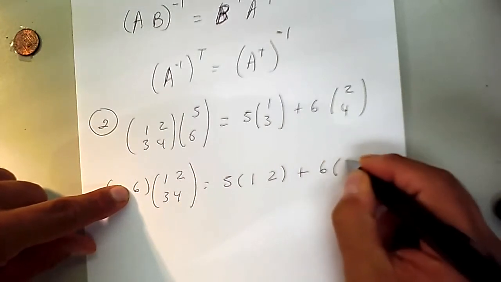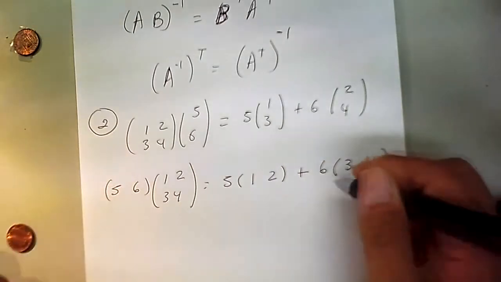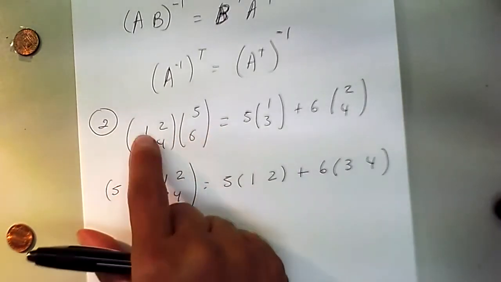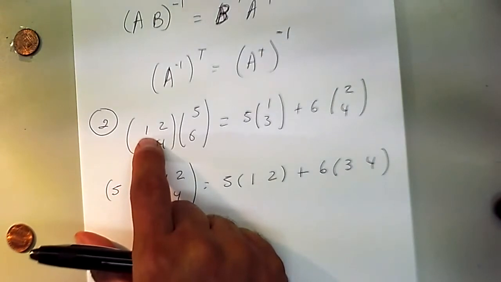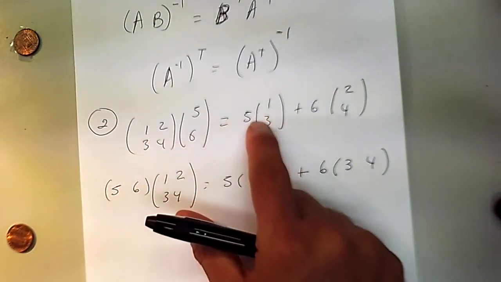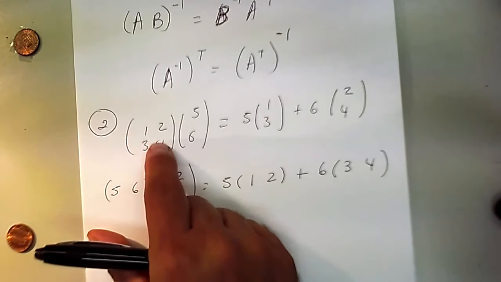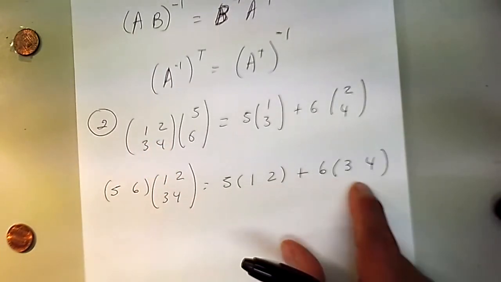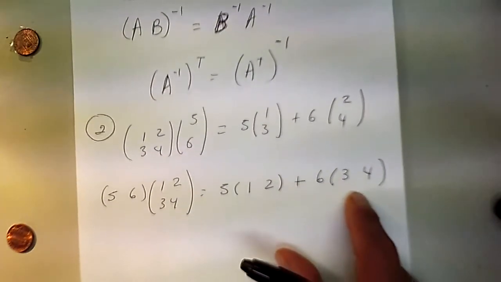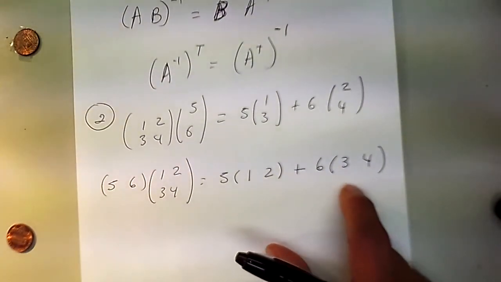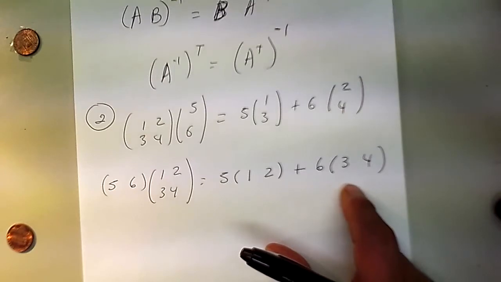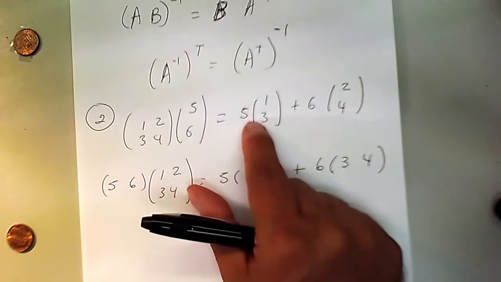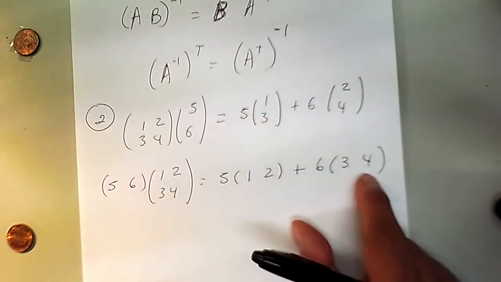So multiplying on the right, with this vector, provides a linear combination of those columns. Multiplying on the left gives us a linear combination of the rows. So again, this is a linear combination of the columns, and this is a linear combination of the rows.